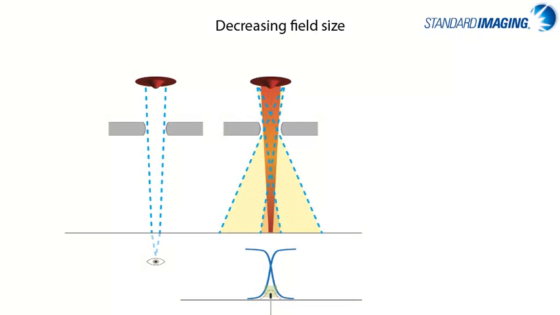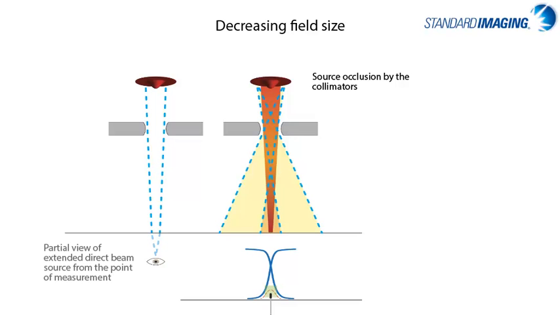However, if we decrease the field size as shown here, it becomes apparent that the source is blocked or occluded by the field-defining collimators, making it difficult to not only perform measurements, but to define a field size as well, as there really isn't anywhere within the field that has a uniform dose, at least with respect to traditional active detectors.